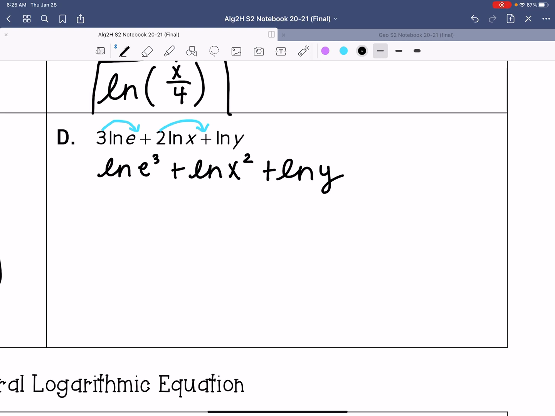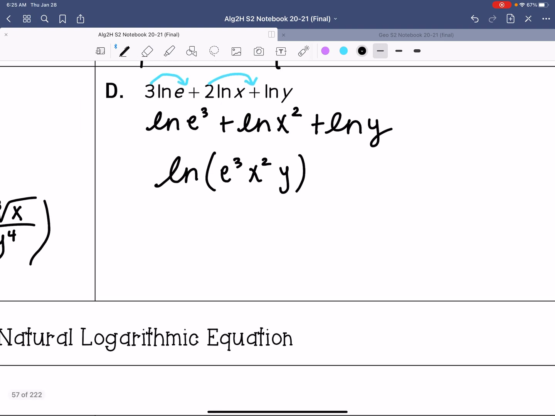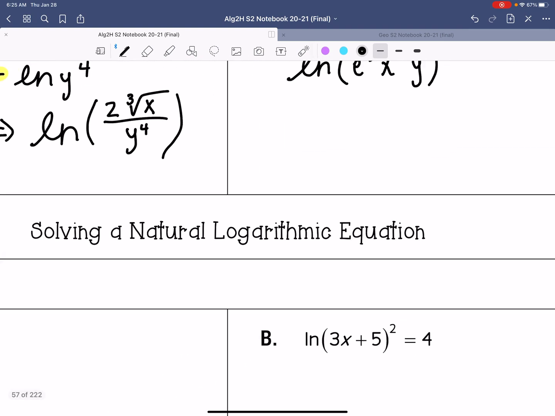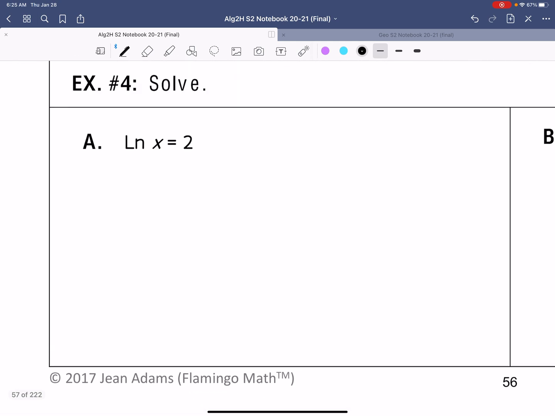Okay, and then we want to go ahead and put this all into 1. It's all pluses, so we're going to have all multiplication. So natural log of e cubed x squared y. Hopefully you guys all got that one correct.